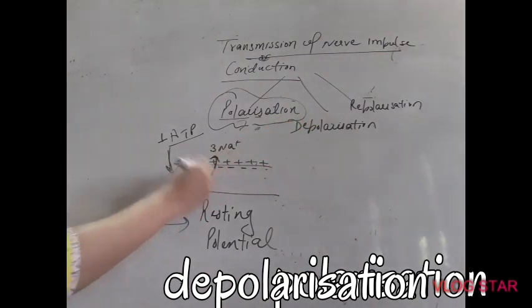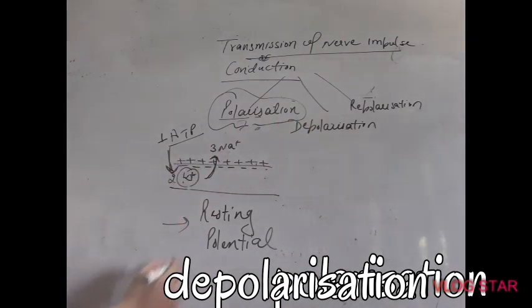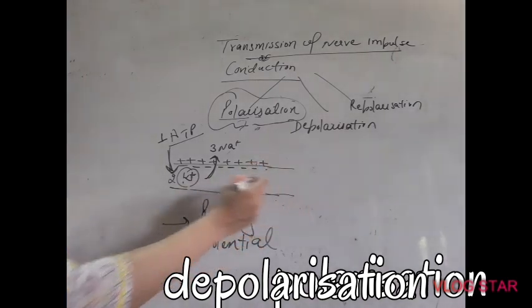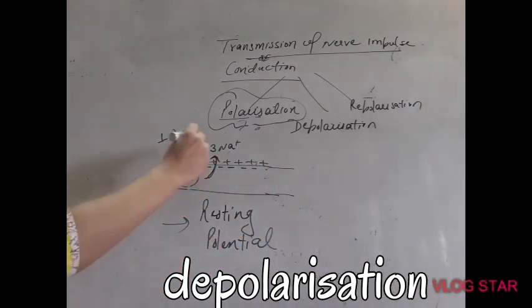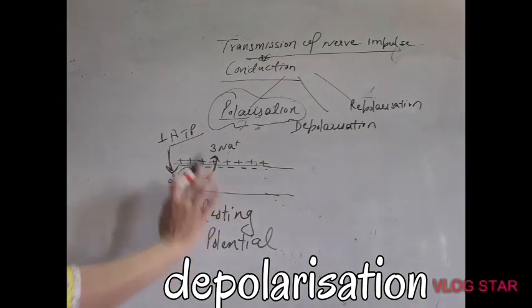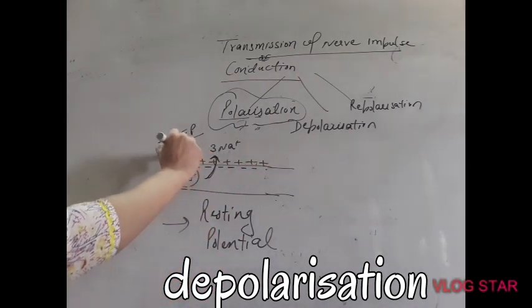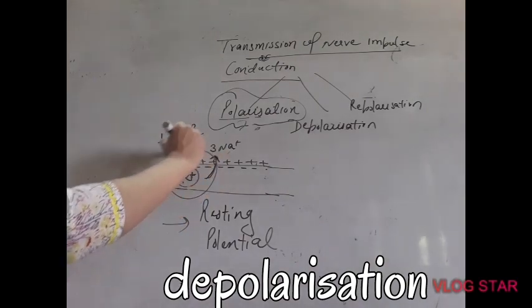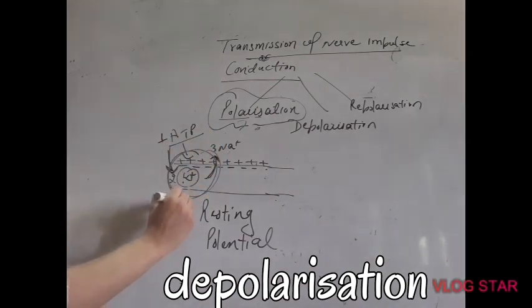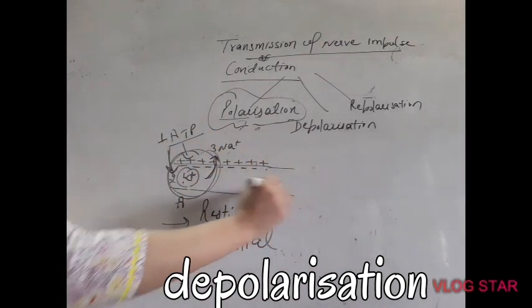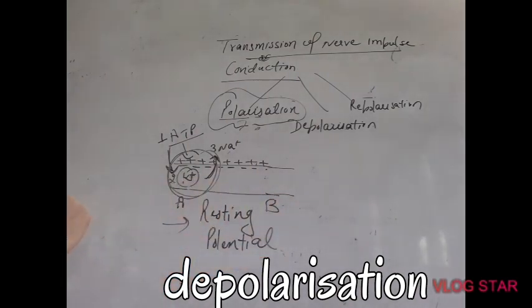Depolarization means opposite to this, when the reverse happens. This reverse will happen when at any stage of the axon membrane, this is the full axon membrane, it receives any stimuli. Suppose at this much area, it receives any stimuli. So, we can label this part as A site and the rest remaining part we can label as B site.